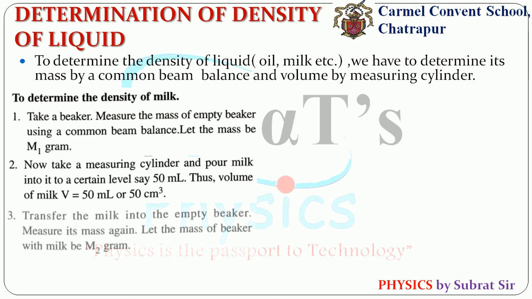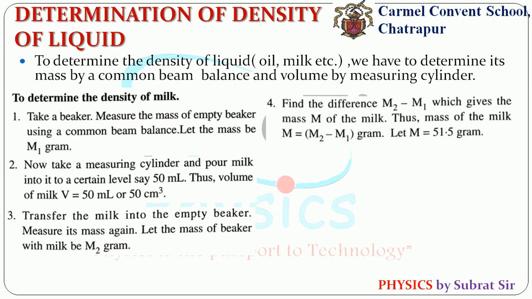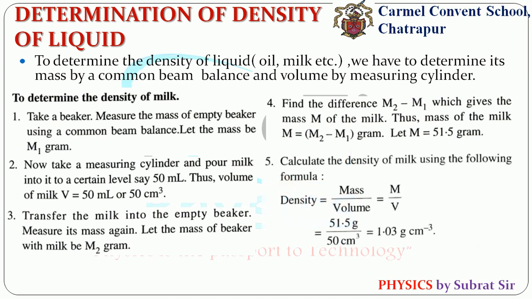In the third step, you transfer the milk into the empty beaker and measure the mass again, and let it be m2. Now the difference m2 minus m1 gives you the mass m of the milk. So mass of the milk is m2 minus m1, and volume, as we know, is 50 centimeter cube.